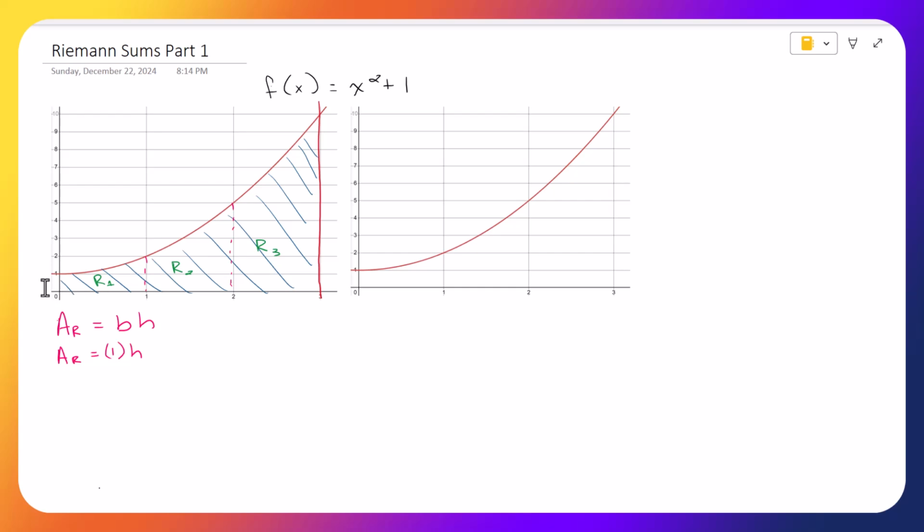I'm going to look at the left side of my rectangle, and that's going to end up being my height. So I'm going to draw a line from the left part, so at 0 all the way to 1. And that's going to make one rectangle.